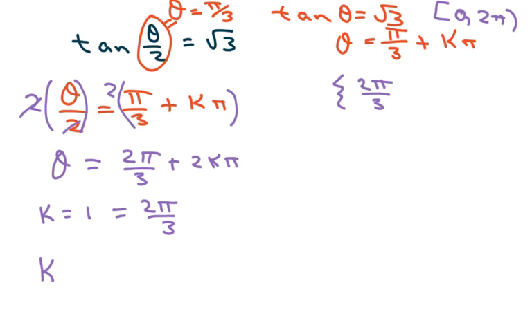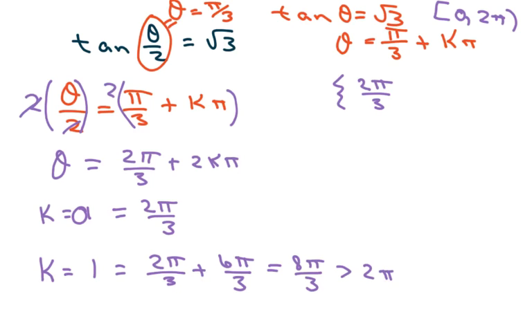And if k equals 1, we get 2 pi over 3 plus, I'm going to go ahead and write this as 6 pi over 3. And that gives you 8 pi over 3. Now, 8 pi over 3 is bigger than 2 pi. So it doesn't work. We have to discard it, and we can stop. And so I only have one solution, which is 2 pi over 3.